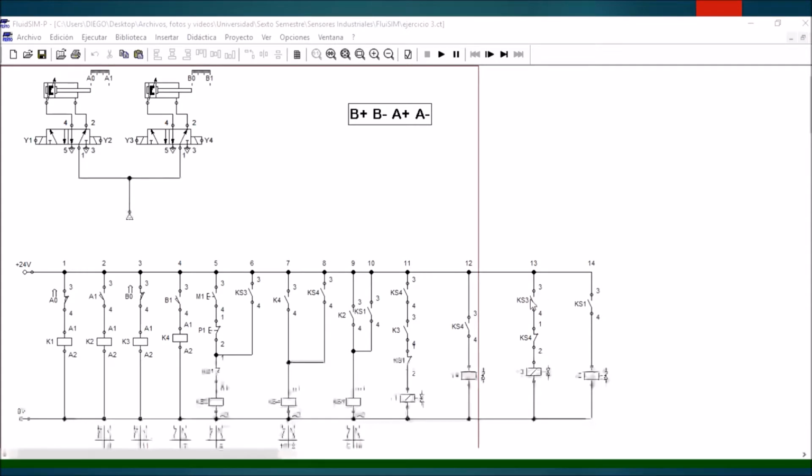KS3 energizes, closes, and energizes this circuit and this electrovalve, and this cylinder passes to the position P1.